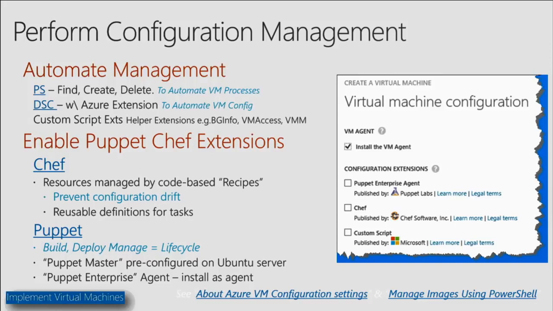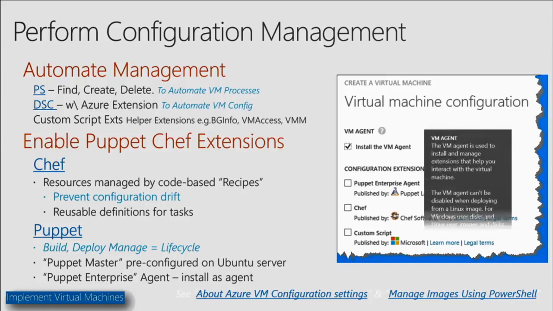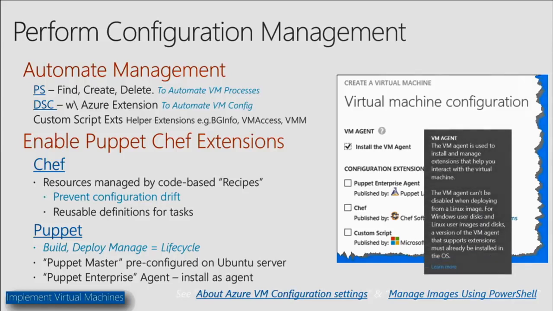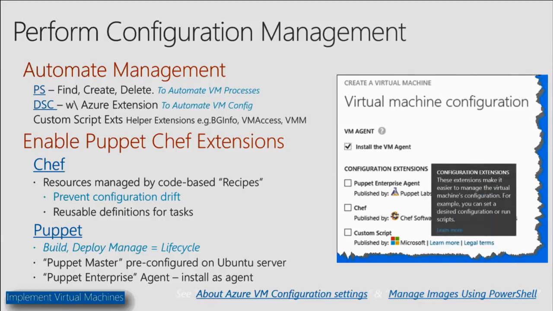If you use Puppet or Chef, you can use that. If you want to use DSC, you can add custom scripts, and there's now a DSC agent that you can add as well. All do similar things. Quite a lot of help within the GUI as well, just to understand what things are.